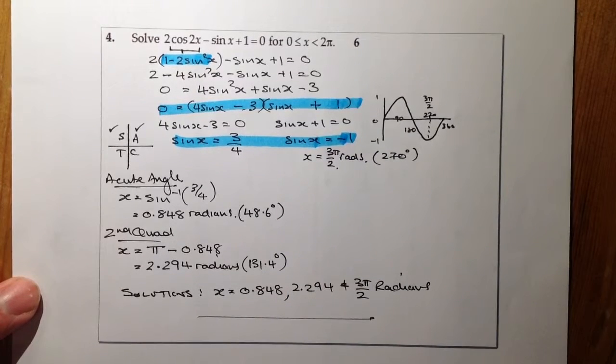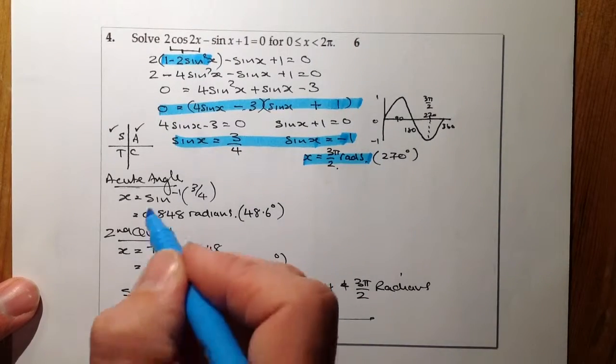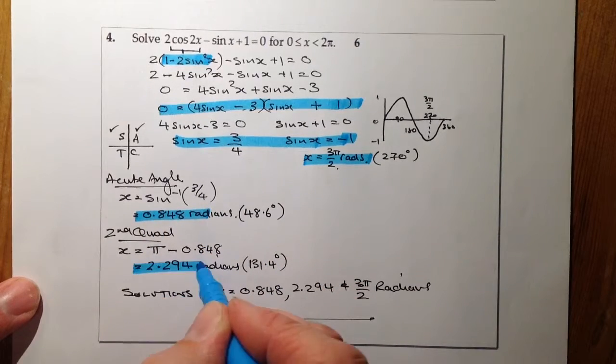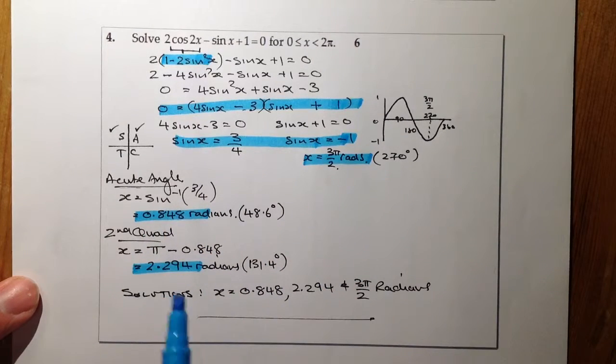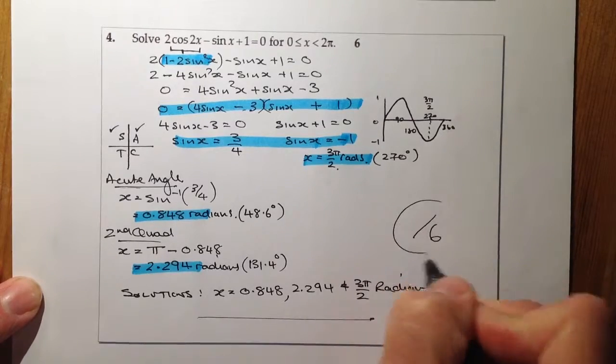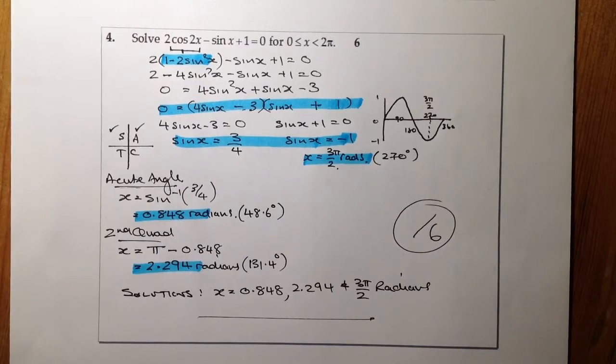So once I've factorised it, solving it from there and finding what sine x is equal to, I'll go for 1 mark for getting this one here, 1 mark for this one, and 1 mark for that one there. So that's 1, 2, 3, 4, 5, 6. So that's 6 marks. And remember, answers must be in radians.